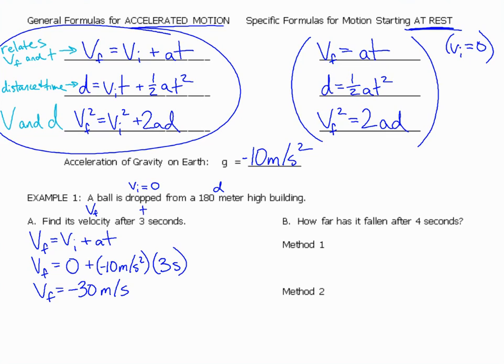As far as our units go, seconds will cancel with seconds squared and leaves us meters per second. So you could also say that its velocity is 30 meters per second down.